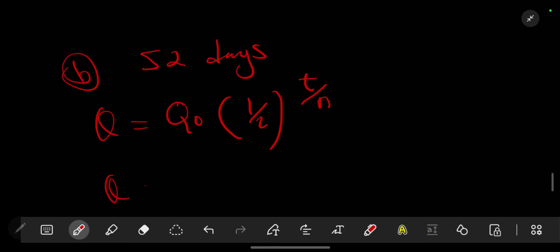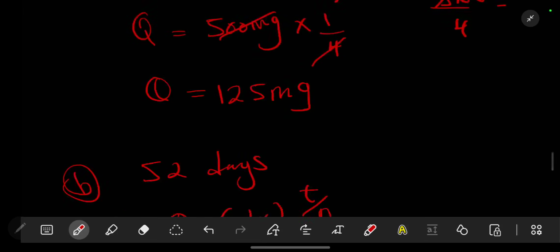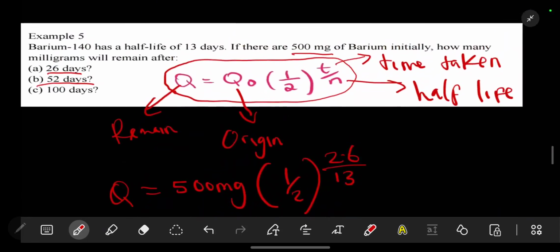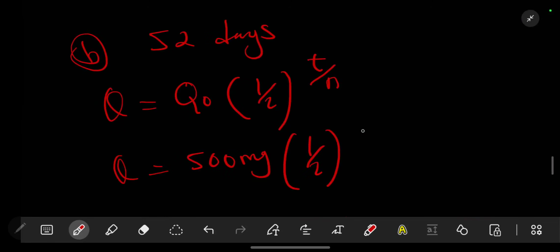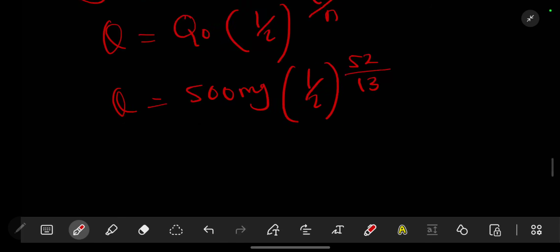So Q should be equal to the Q0, which we are starting with, is 500 milligrams, times half. If it takes how many days? We have 52 days, so we are going to say 52 days over the half-life, which is 13.